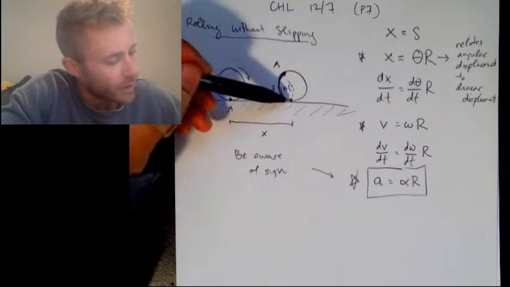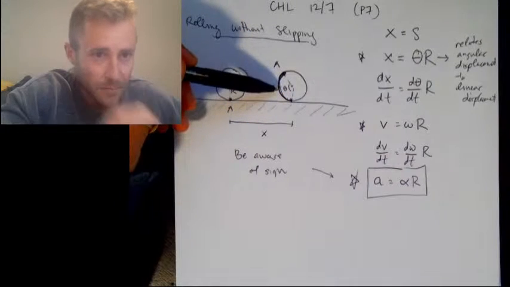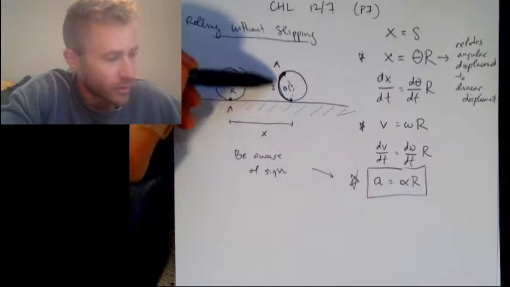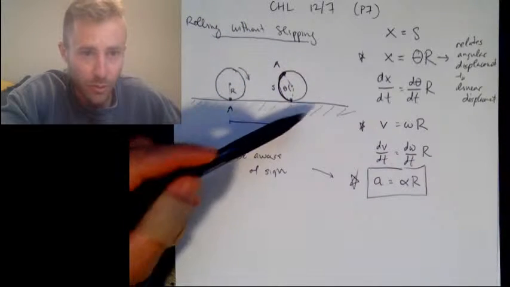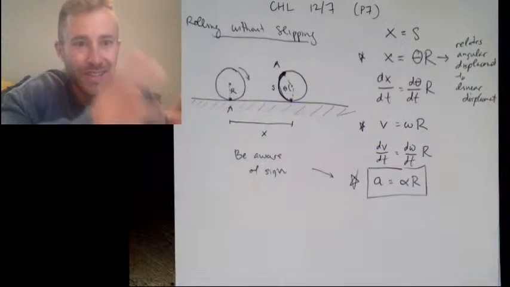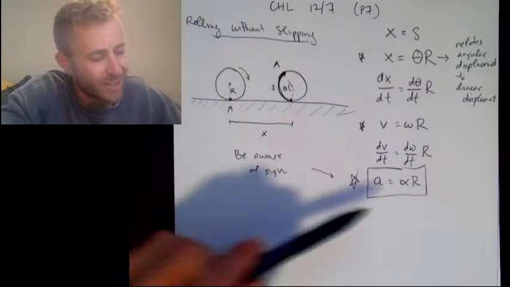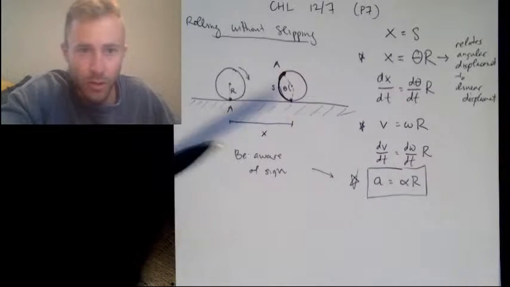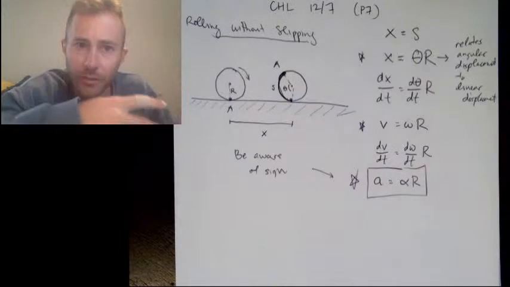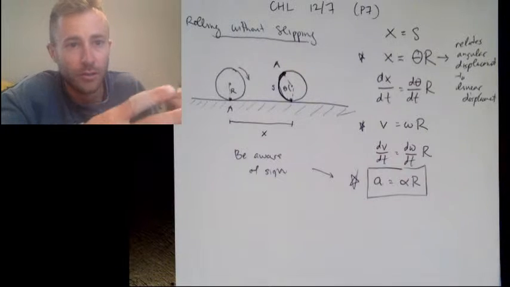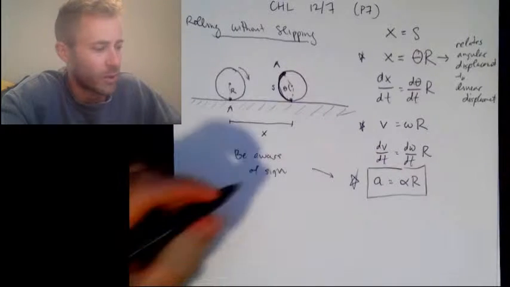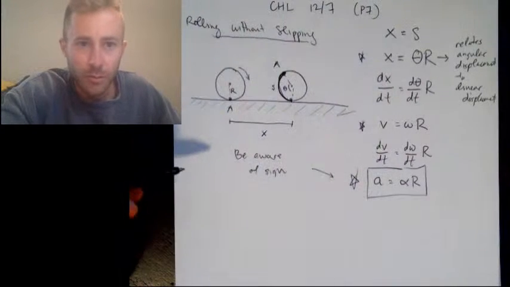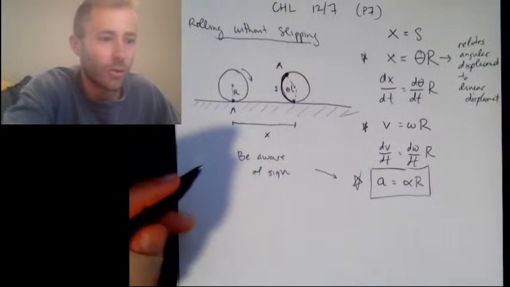But the circle is rotating in the clockwise sense, which we called the negative sense. So technically, there should be a negative sign in there, but for this lesson, we're going to redefine what the positive and negative directions are as needed. That's why I put beware of the sign. So this is one of the equations that we will use when you are rolling without slipping.